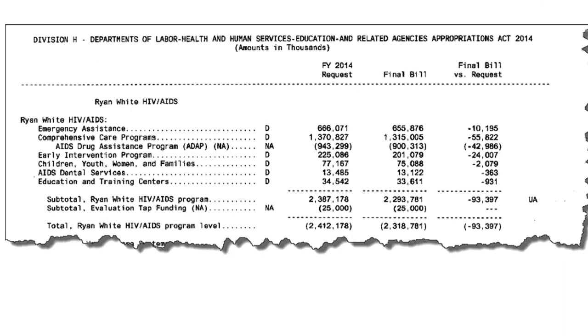Here we can see Congress listing in some detail the purposes for which the Ryan White appropriation was made, in the form of a list of programs, projects, and activities that make up Ryan White.